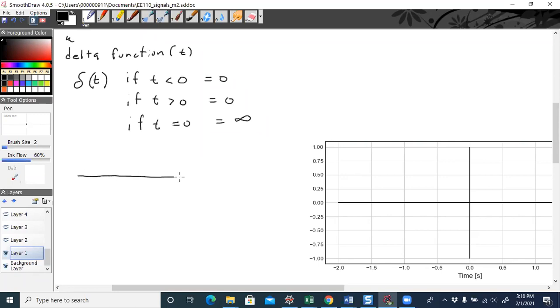Now, really, what that might look like is that you can have a shape, right? And let's have 0 here. And I'm just going to draw the best I can a symmetric shape, right?